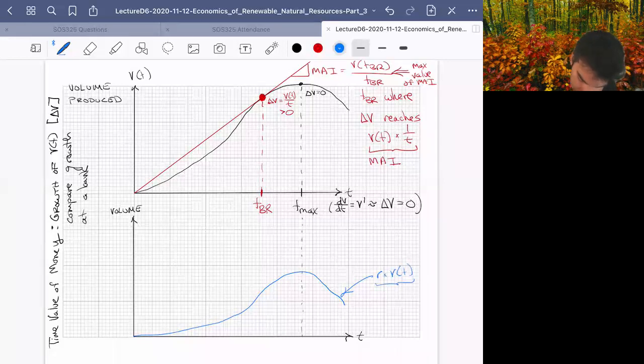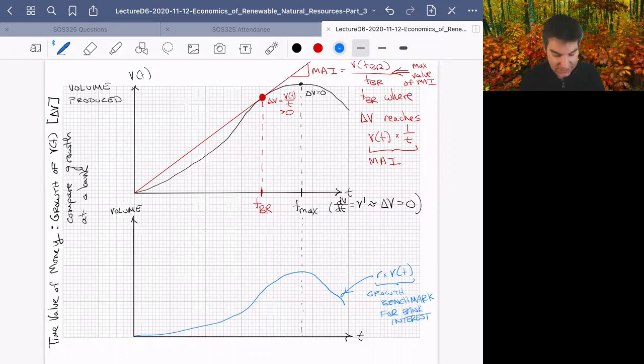And this is the kind of growth benchmark for bank interest.